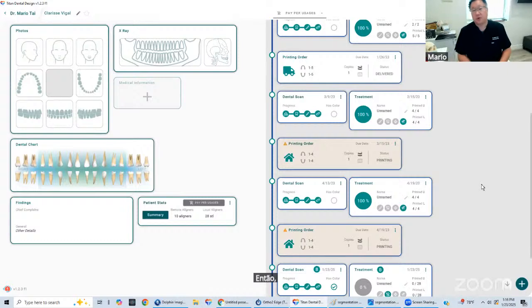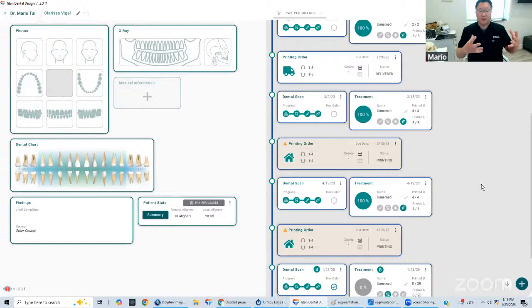Attachments, we do have protocols. We have our AI-assisted guidance as to where it needs attachments. The thing is, so many doctors have voiced their opinion to us that they wanted to have their own preference.